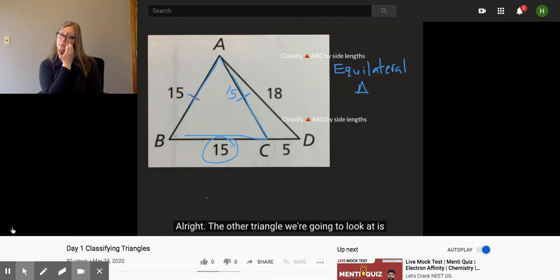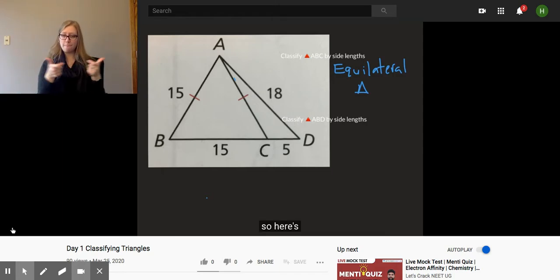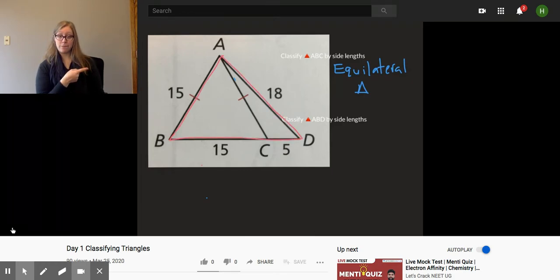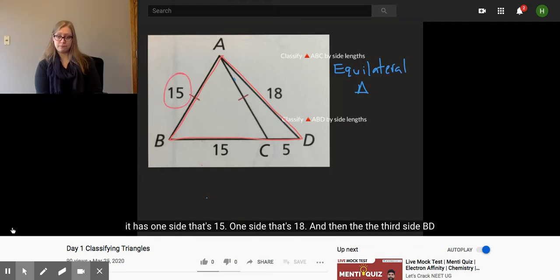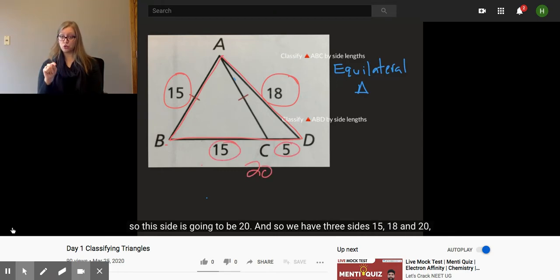All right. The other triangle we're going to look at is triangle ABD. If we look at triangle ABD, we can see that it has one side that's 15, one side that's 18, and then the third side, BD, using the segment addition postulate, we're going to have 15 plus 5, so this side is going to be 20.